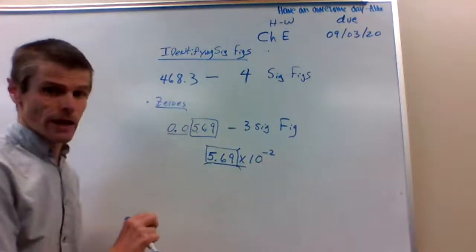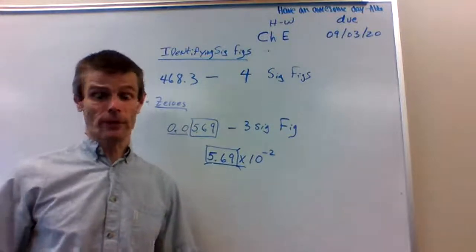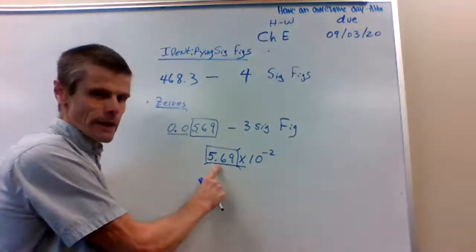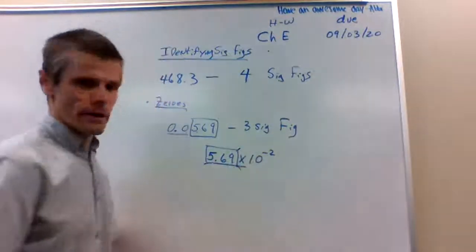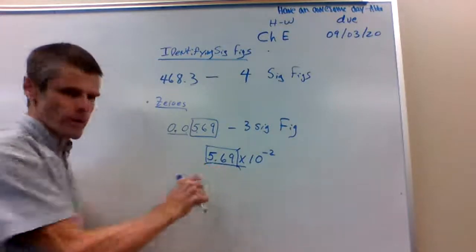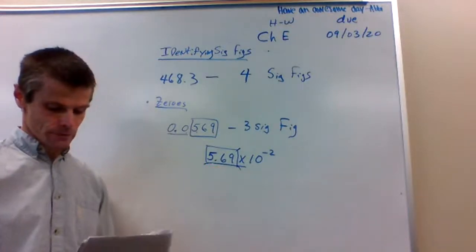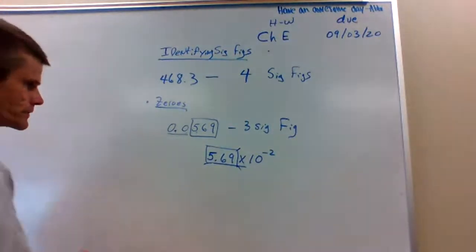10 to the negative second is not counted for when we're doing our significant figures. It's only the number that sits to the left of our multiple of 10. We good with that? This number has 3 significant figures. Trailing zeros.